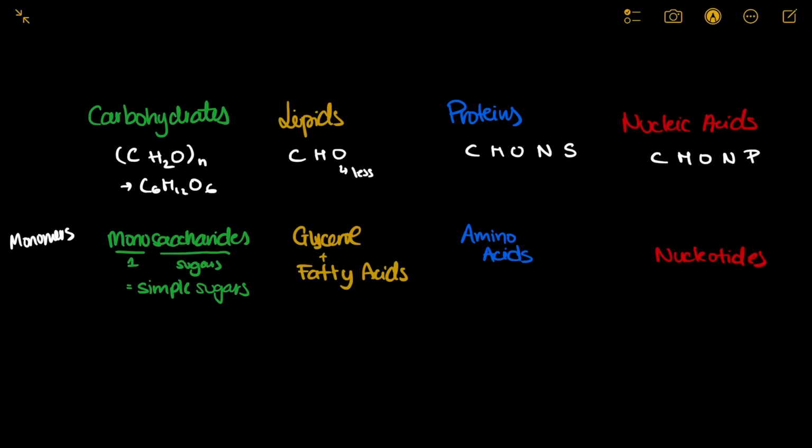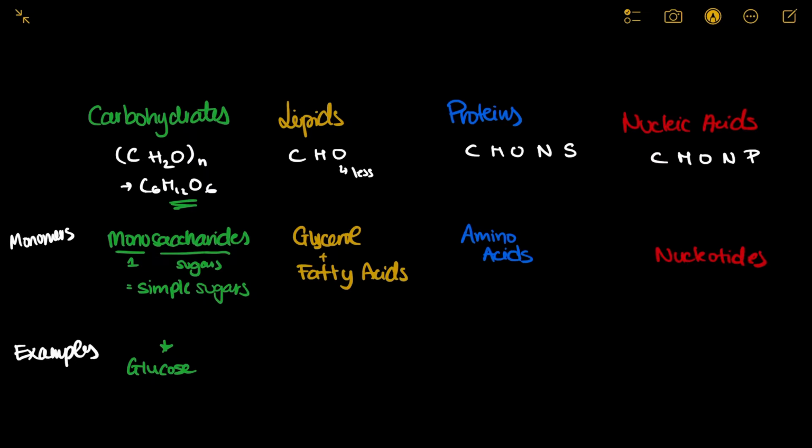Now, what are some examples of these monomers and polymers that they make? So for carbohydrates, maybe one you've already heard of is glucose. This molecule here is also the chemical formula of glucose, and glucose is one of the monomers. So glucose can be put together to make a disaccharide, for example.